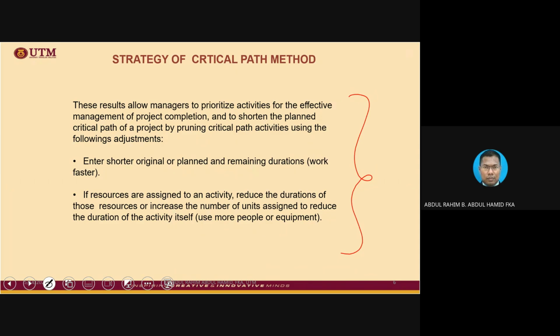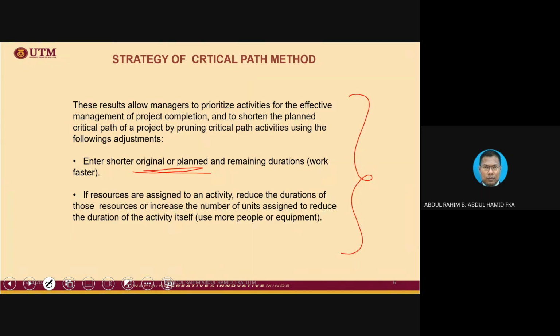How do we shorten the remaining work by adjusting the duration of an activity? For example, activity G is 10 days. Instead of sticking to the same 10 days, we might want to slash it to 8 days.